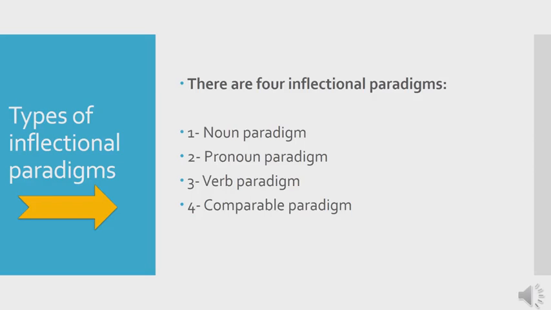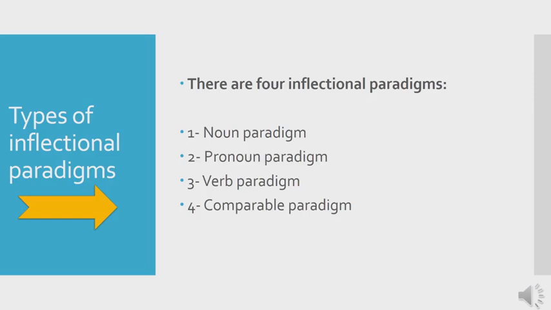There are 4 inflectional paradigms: a noun paradigm, a pronoun paradigm, a verb paradigm, and a comparable paradigm. Considering that the inflectional affixes are attached to 3 parts of speech, nouns, verbs, and adjectives, we have a noun paradigm, a verb paradigm, and a comparable paradigm.